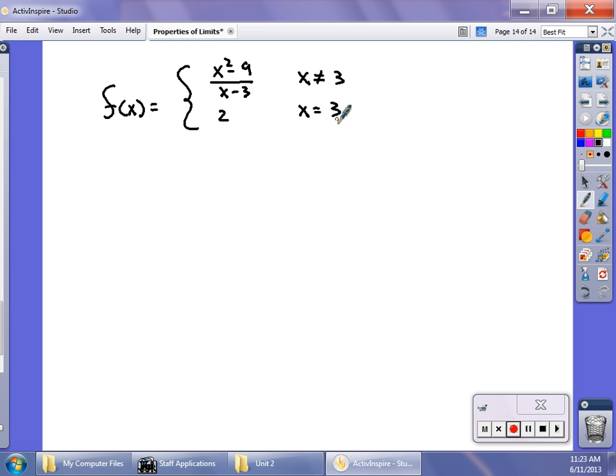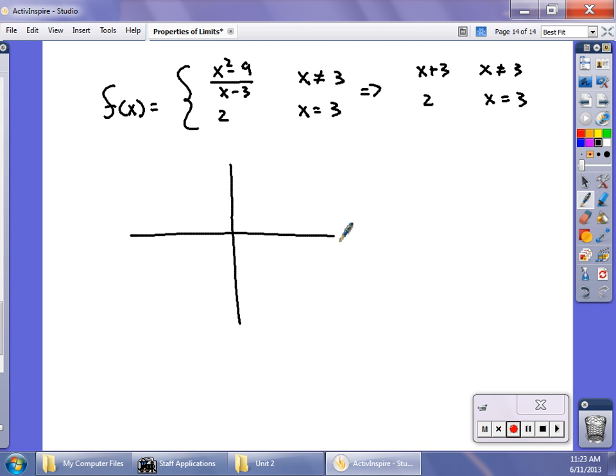So we looked at something like this a little bit earlier. And remember, what we can do is we can simplify this. If I factor that, the x minus 3's will cancel. So really it's x plus 3 if x does not equal 3, and it's 2 if x equals 3. So when I sketch the graph of this equation, it has a point of discontinuity at (3, 6).